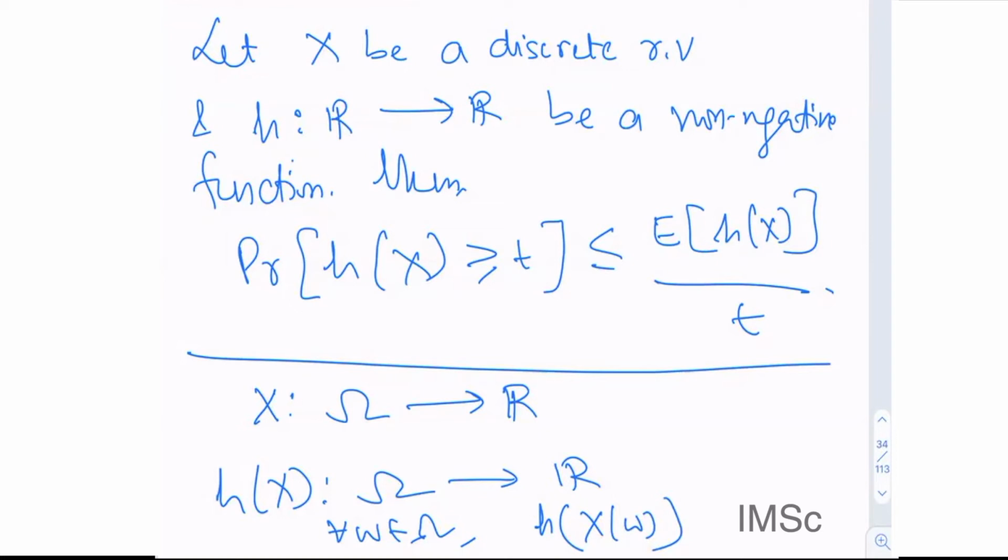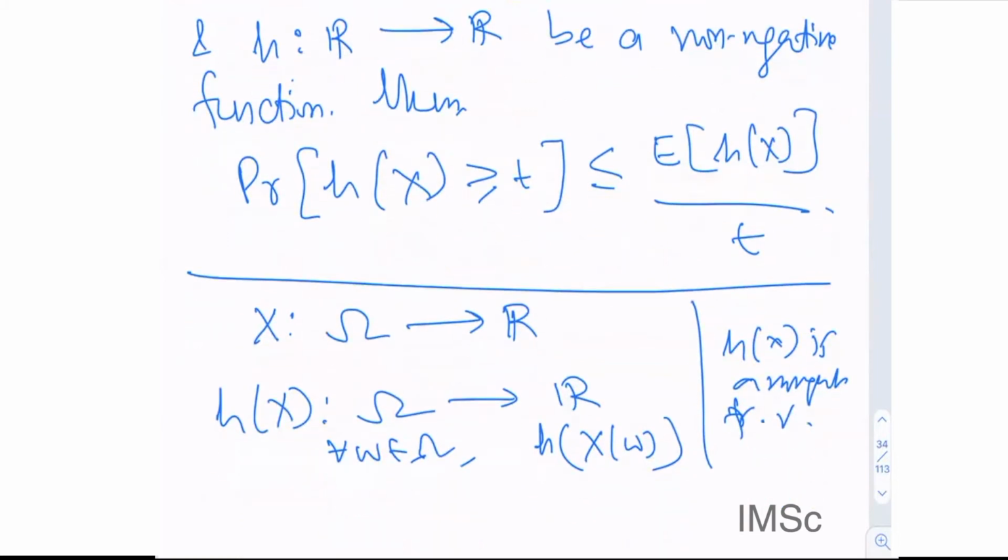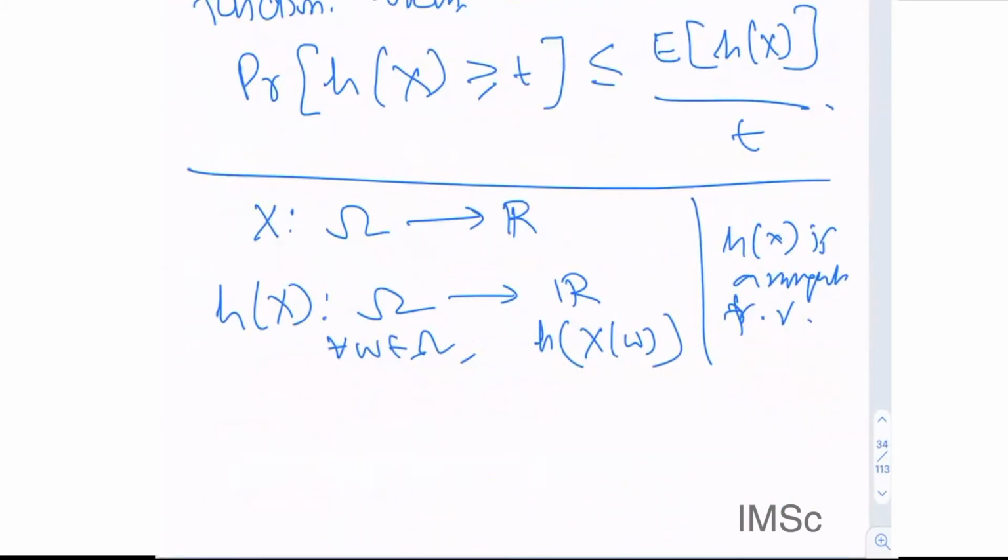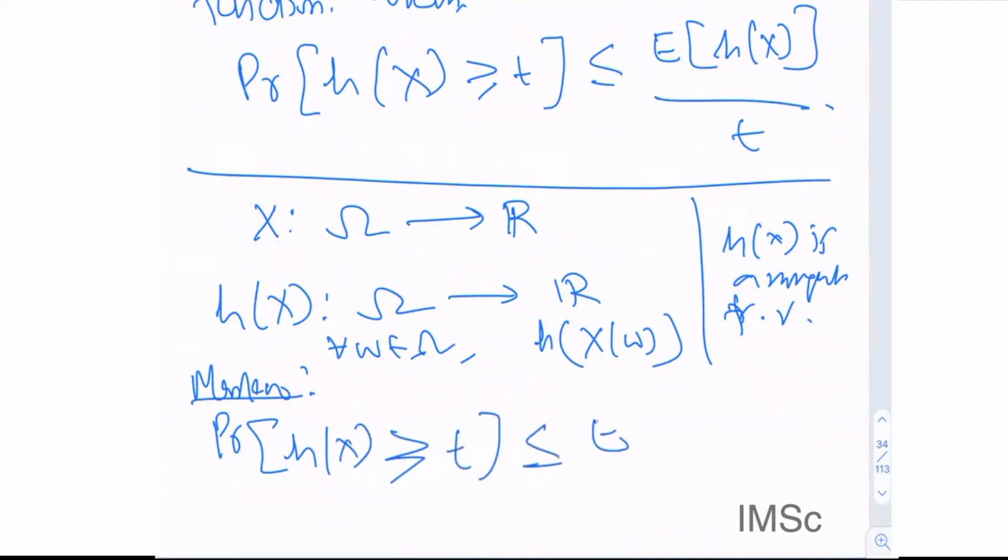It's a non-negative function. It implies that h of X is a non-negative random variable. Now we can apply Markov's inequality. What does Markov say to us? If you apply Markov here directly, we get the probability that h of X is greater than or equal to t is less than or equal to the expectation of h of X divided by t.